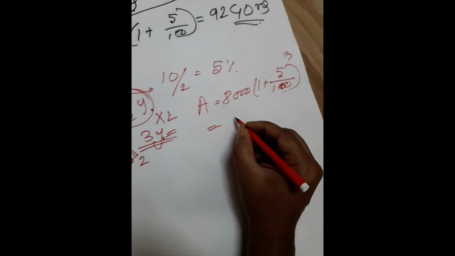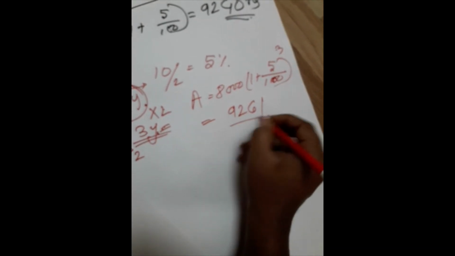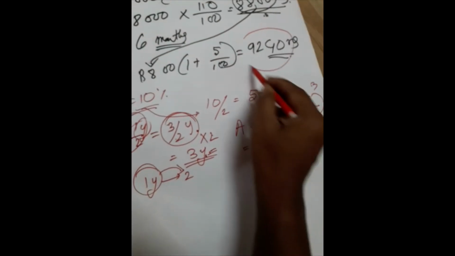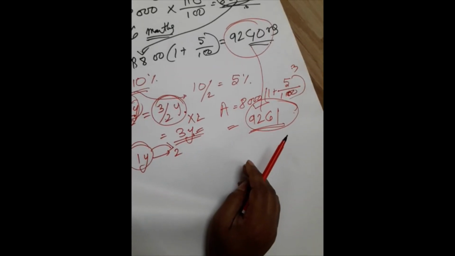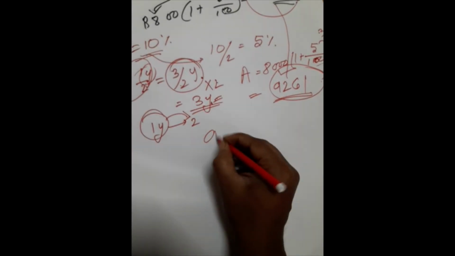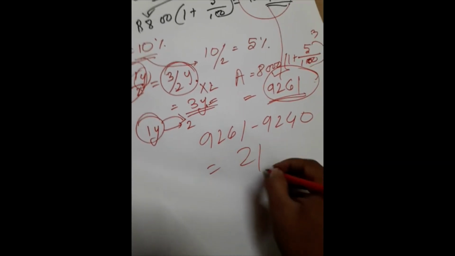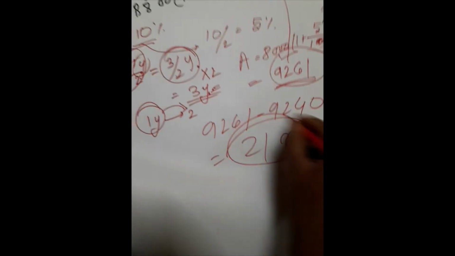So your answer is 9261. The calculation I already showed on the board. So we have to subtract 9240 from 9261. That will be your answer, or the difference, and that is 9261 minus 9240, which is exactly 21 rupees. That is your answer. Thank you.